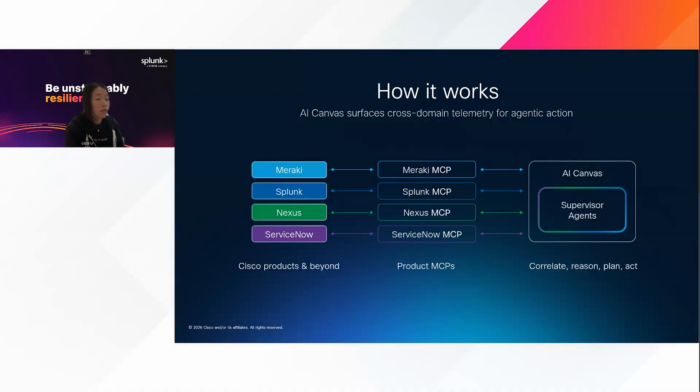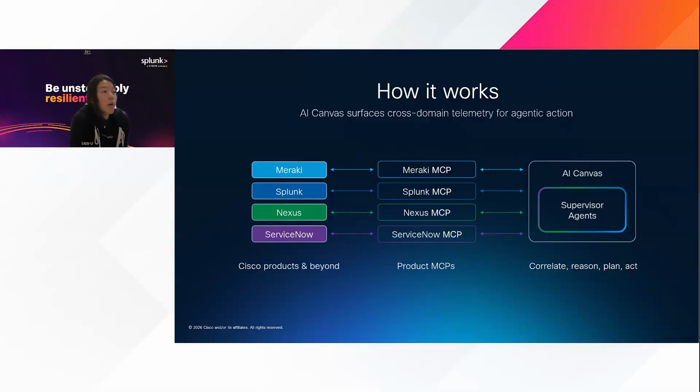We also have a few select third-party integrations. So you can see the example here is ServiceNow, where we'd also be able to pull relevant data from there. So in the case of Splunk, let's say I put in a question and AI Canvas says, okay, this sounds like I need some, let's say, log data from Splunk.